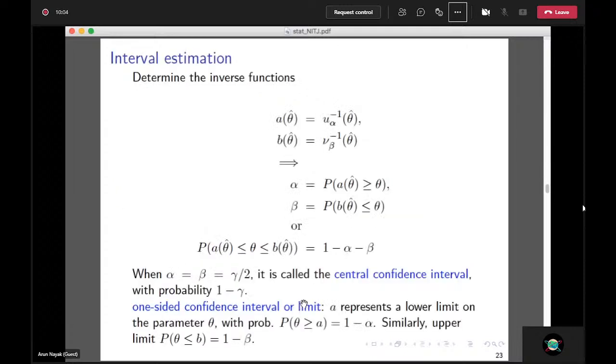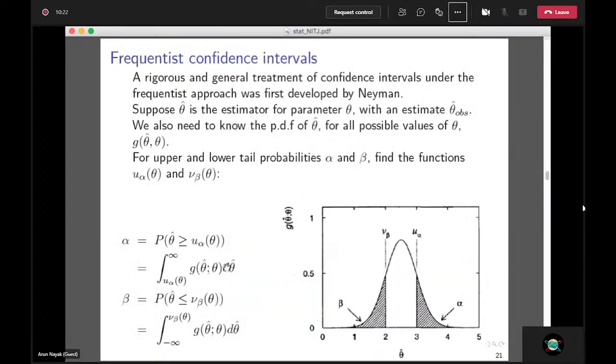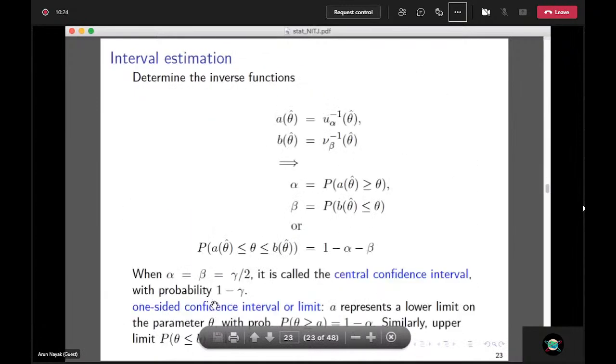So how do we get this? We can determine the inverse functions. We can write A as u inverse of theta hat, and B as v inverse of theta hat. Then our probability definitions can be modified like this.